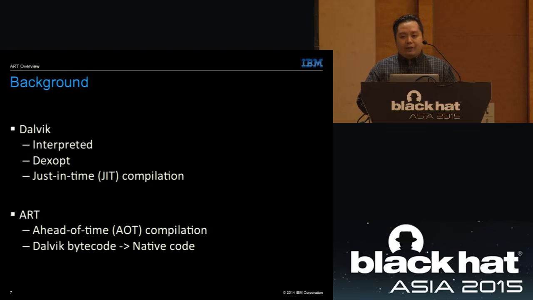In other words, your Dalvik bytecode will be converted into native code, which is the code that runs on the architecture of your device. So for example, if your device runs on ARM, the Dalvik bytecode will be converted into ARM code. If your device runs on x86, your bytecode will be converted into x86 code.